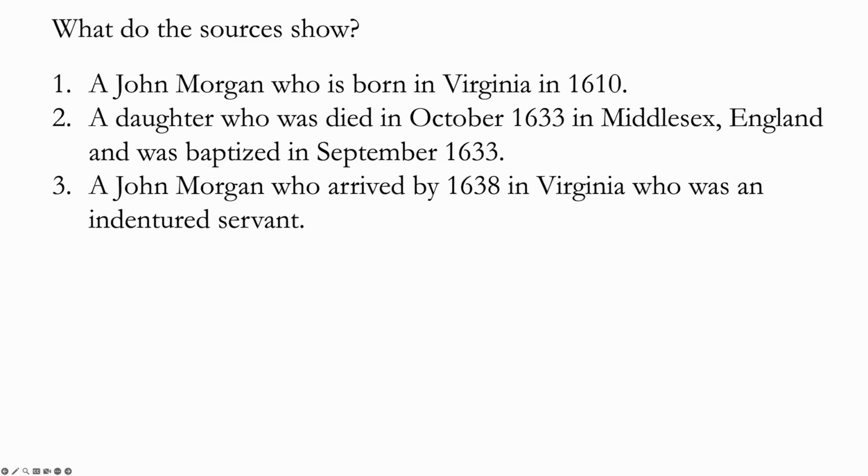The vast majority of them were illiterate and probably did not know where they had been born in England. So if he arrived in 1638 in Virginia as an indentured servant, anything referencing his origins or his contact with England would be way, way off.